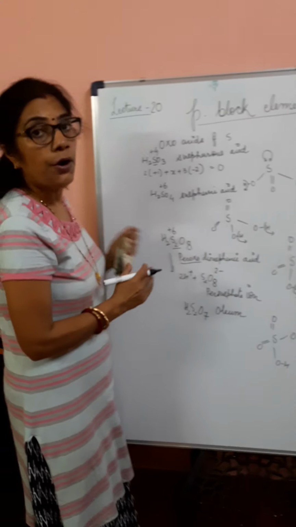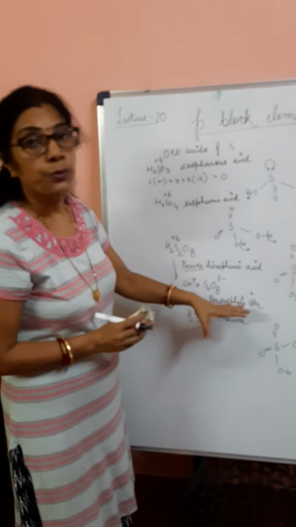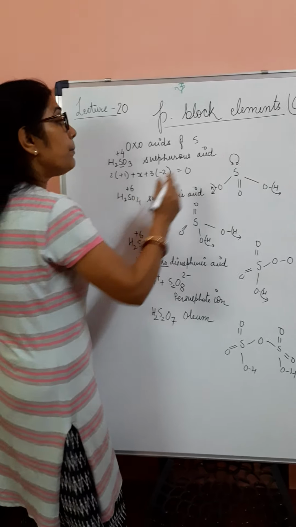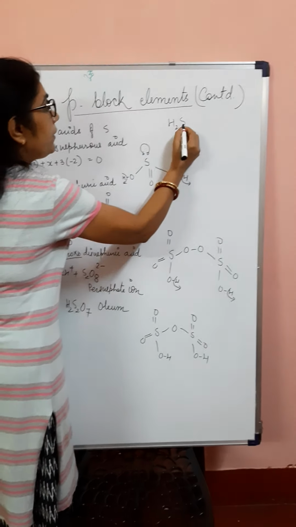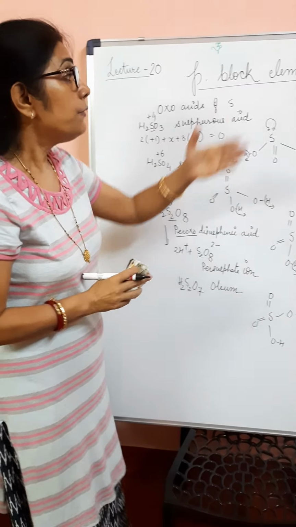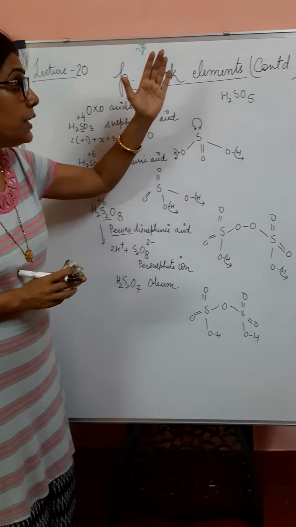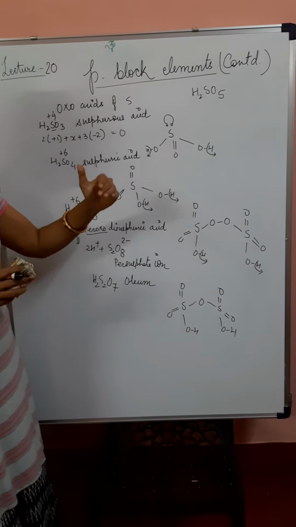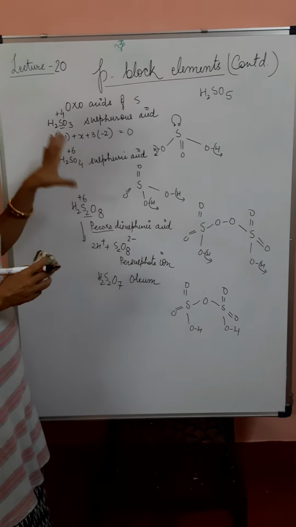This is the structure of H2S2O7. Apart from that, some other oxo acids are also there. H2SO5, peroxo monosulfuric acid, which is known as Caro's acid, supposed to be a strong oxidizing agent. But these are the important ones.